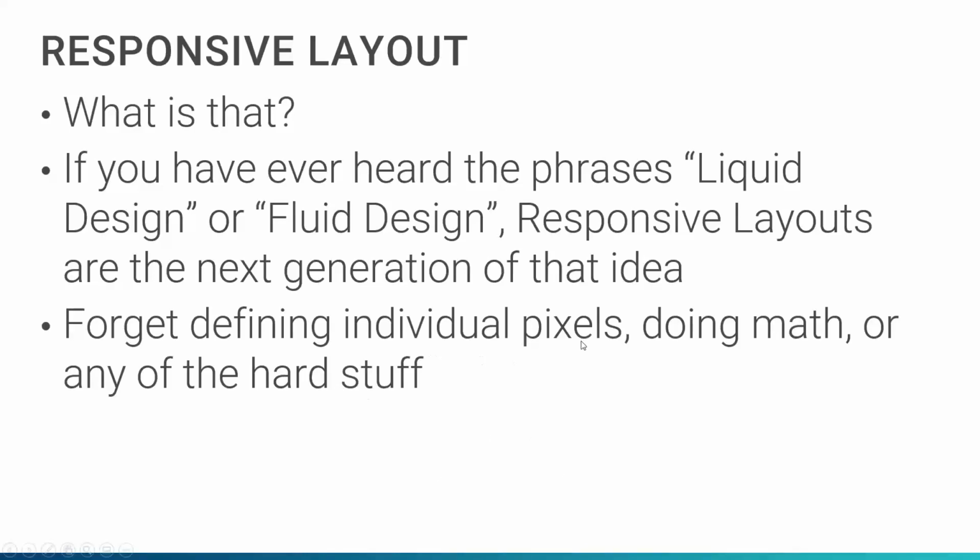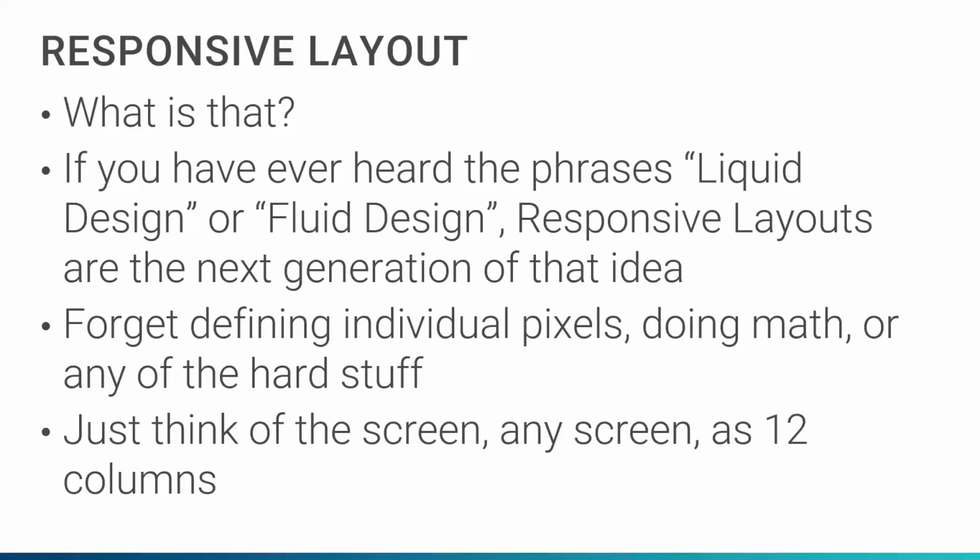So as I said, no more individual pixels, no more doing math, no more any of that. All we do is think of the screen, any screen, as being 12 columns wide. Basically, they lifted this technique out of the newsprint industry. This is the same way that newspapers set up their homepage.